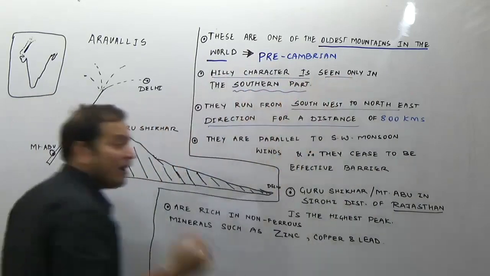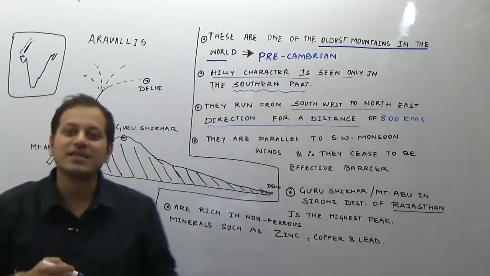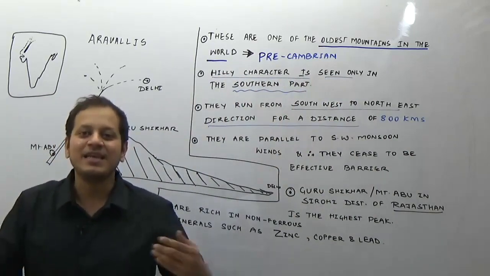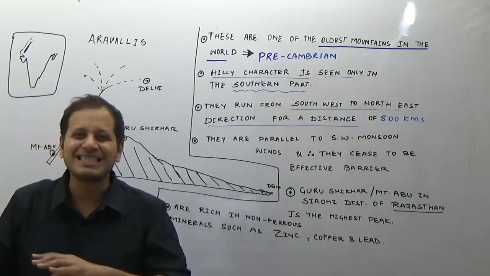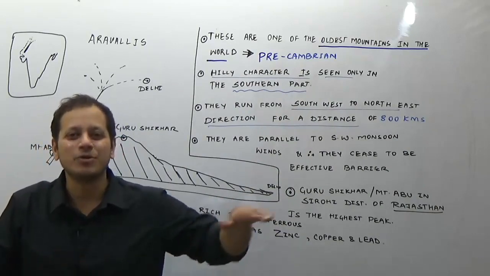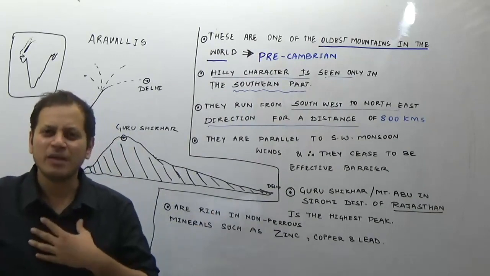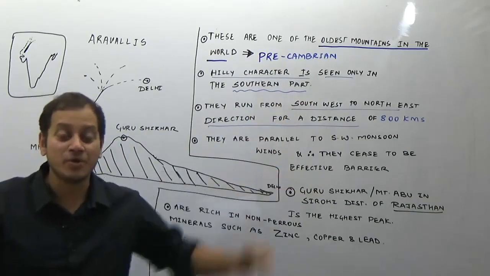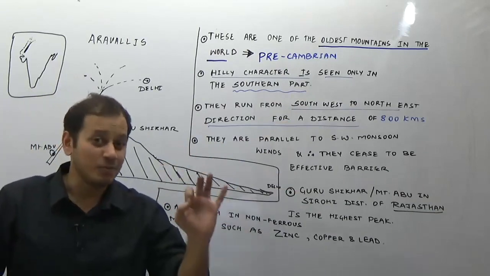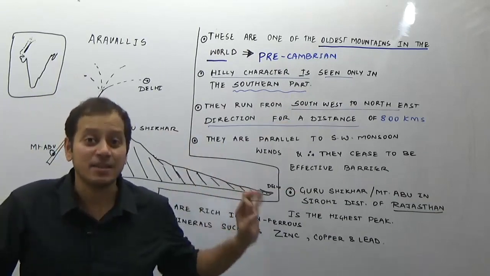To be very precise, after Ajmer in Rajasthan, the hilly character of the mountains can be seen. To the north of Ajmer, they are just a ridge, with a ridge-like topography. If you are going by road, you will see the road going upwards, but you won't see any mountainous character. So they are more hilly in the southern part.